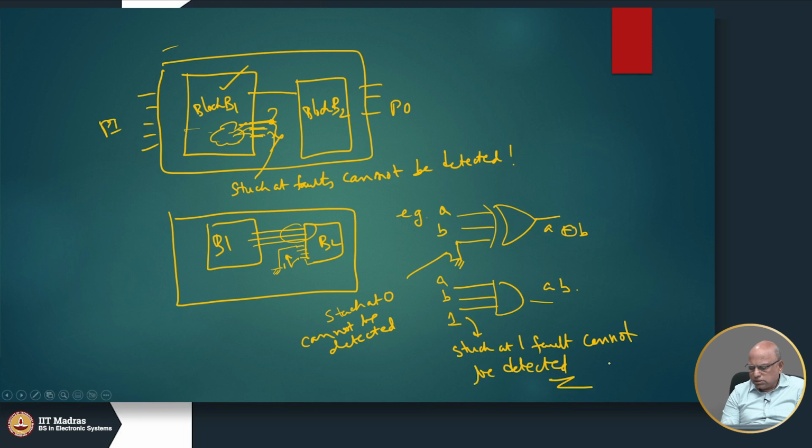Right. So, as a result, when people tie, these are called ties. Okay. This is called tie. We tie a value or a wire to a 0 or a 1.